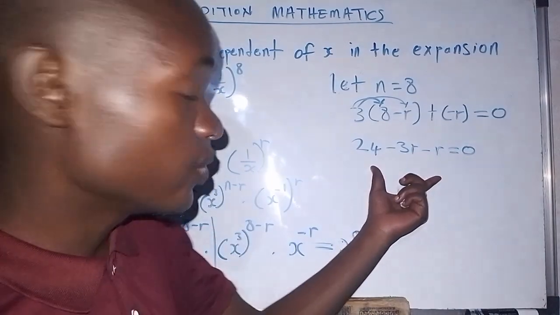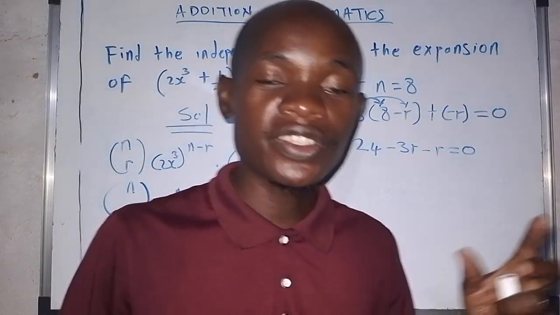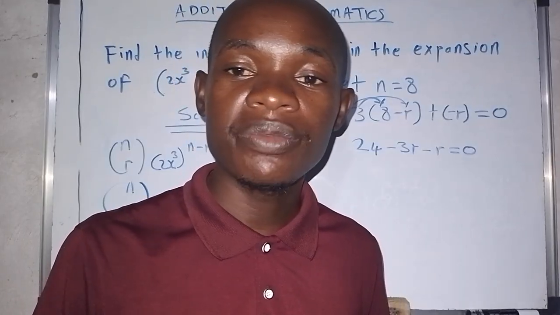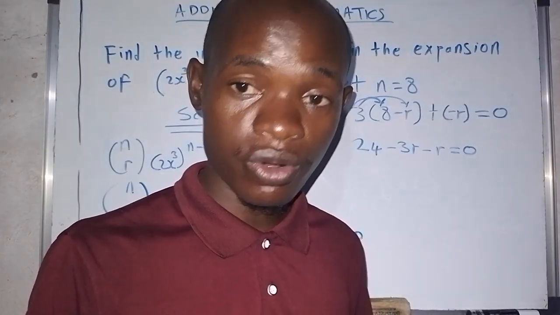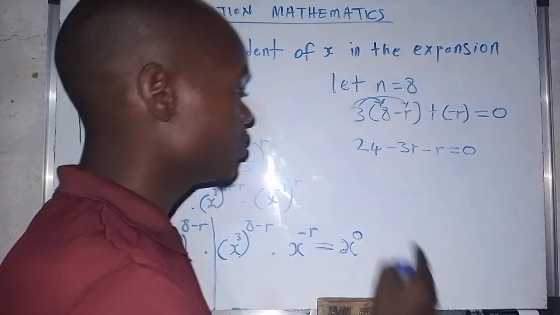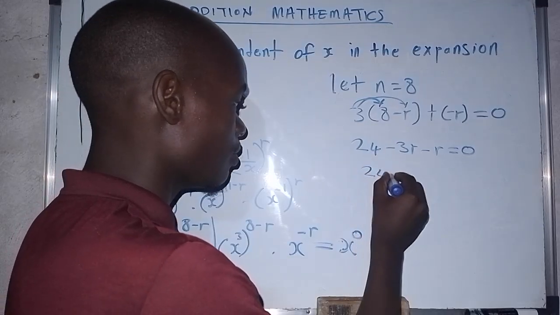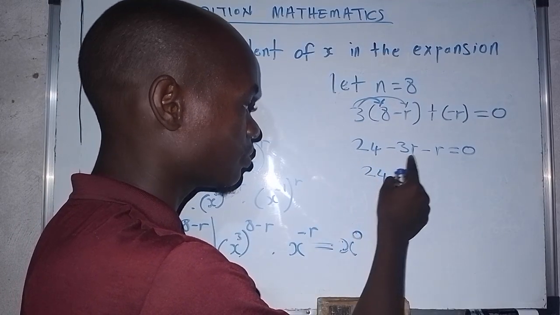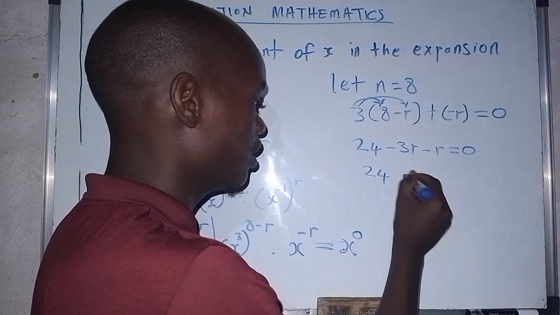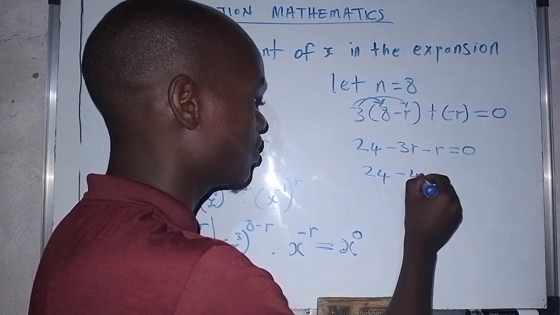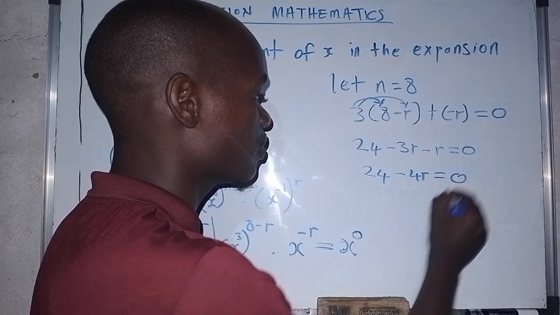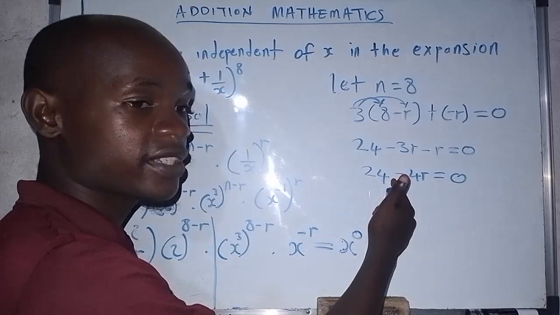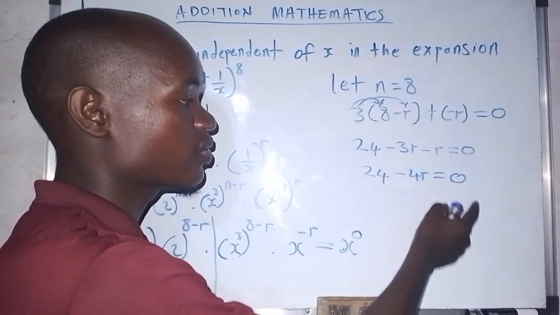When you reach this stage, you identify the terms that you can subtract or add. So this 24 will remain where it is, but negative 3r and minus r give us negative 4r, then equals to 0.